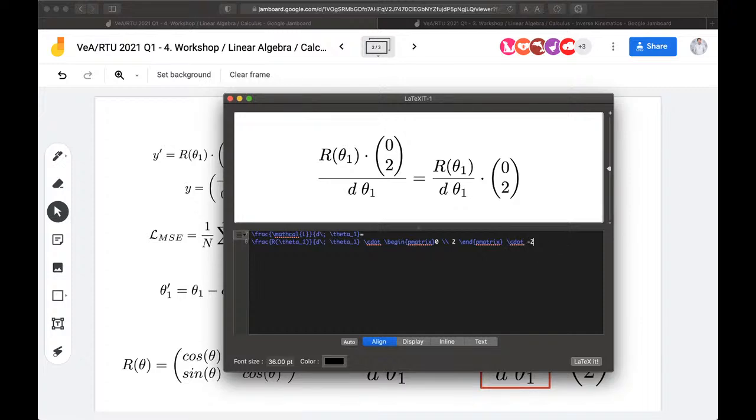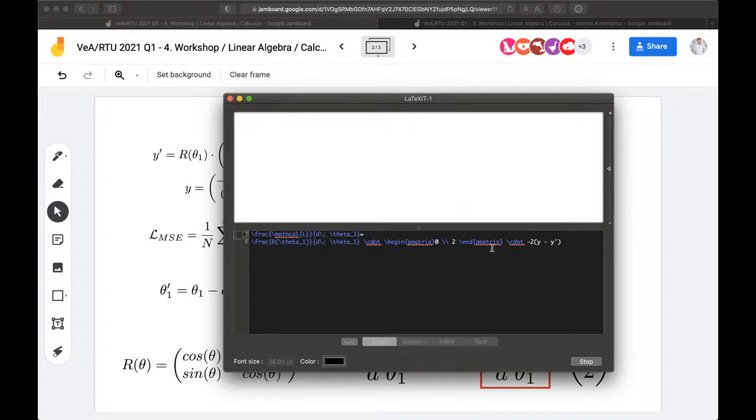So this will be minus 2 of y minus y prime, y minus y prime. So these are going to be those vectors like that. So let's see how it looks like. So d of that is cool. And then because that is a matrix form, but all of the elements are pointing to the theta, we could just sum them together. So sum.